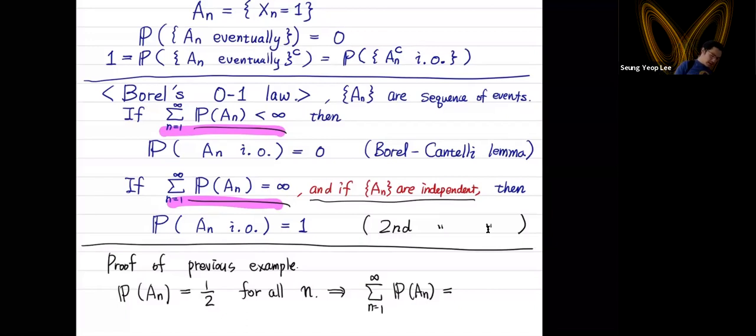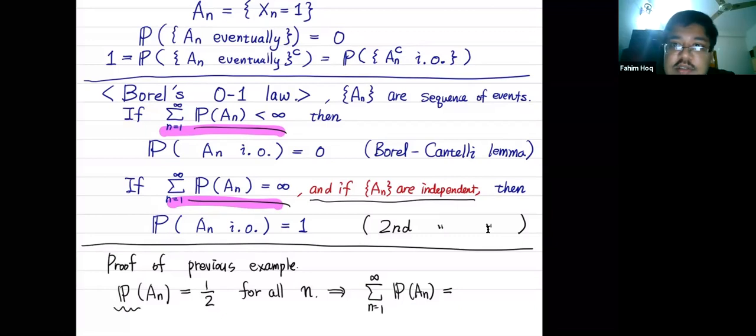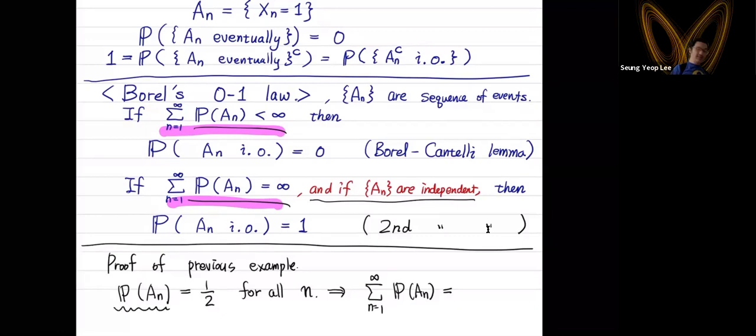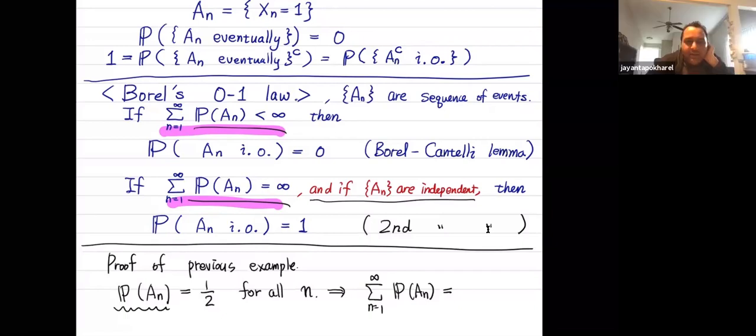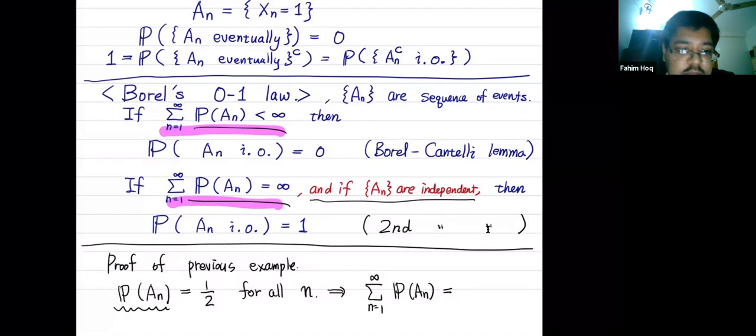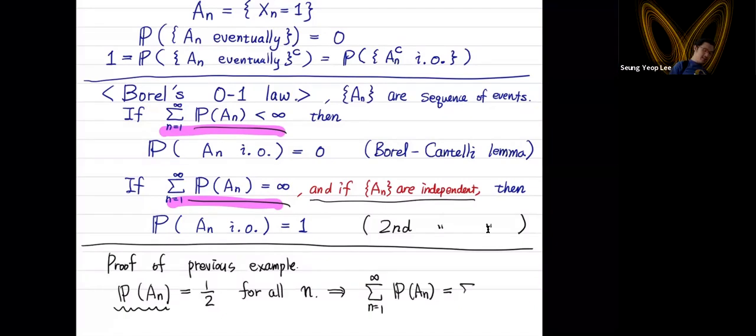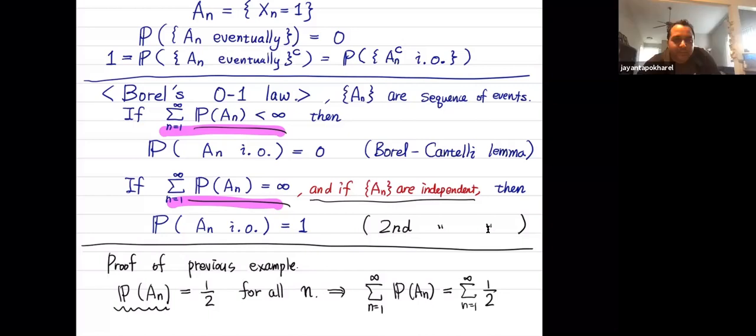Oh no, this is not a finite number of throws. I thought it was the second case, because you just proved that P(A_n) is half for any n, and it's also independent. Then I asked this simple sequence: what is the summation from n to infinity of half? This is just half plus half infinitely many times, right? So this is half plus infinity.